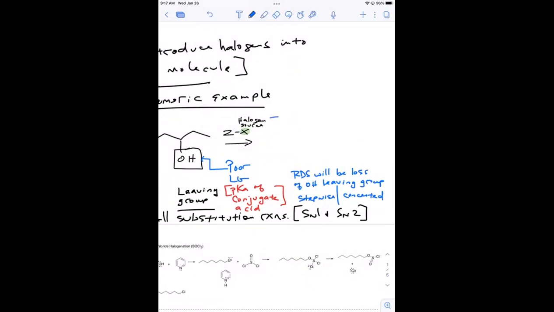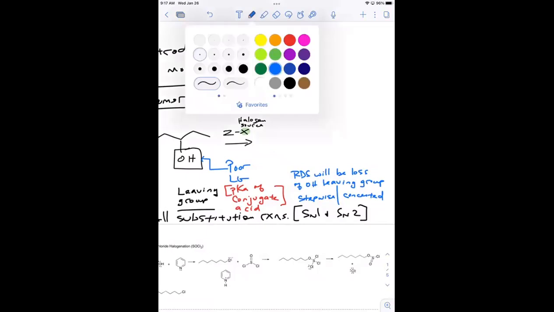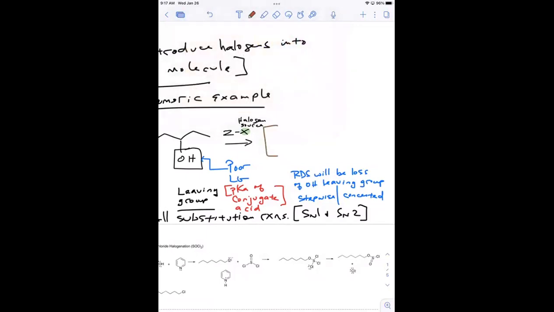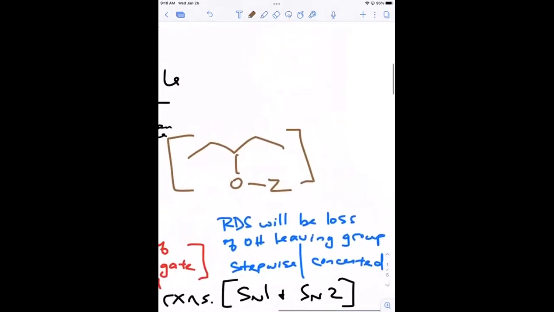So we'll get an intermediate somewhere in here. But this is my alcohol now, and this is OZ, whatever Z is. Z can be whatever. We're going to talk about 3 different reactions, and that Z is going to be something different every single time. All right, so this is an intermediate.